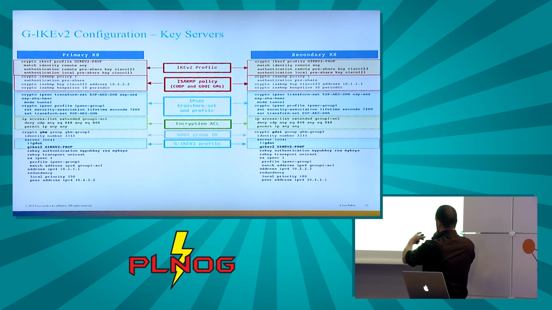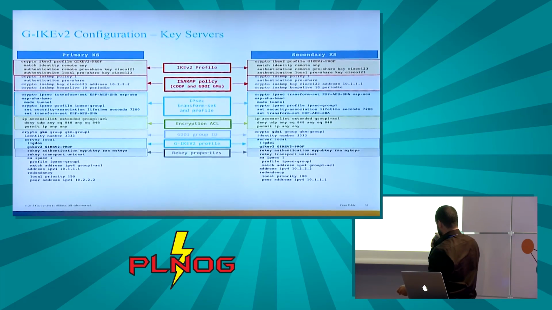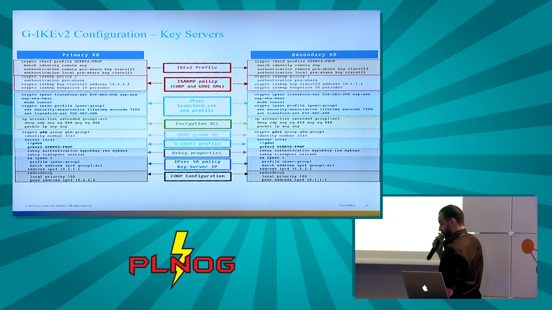And the GDOI keyword is what will define if the key server is GDOI or GIKEv2. One thing is that GDOI will be the default, so it will be hidden when you do a show run. The rest is basically the same, rekey properties, you tie the IPsec profile, and the COOP configuration will remain exactly the same.